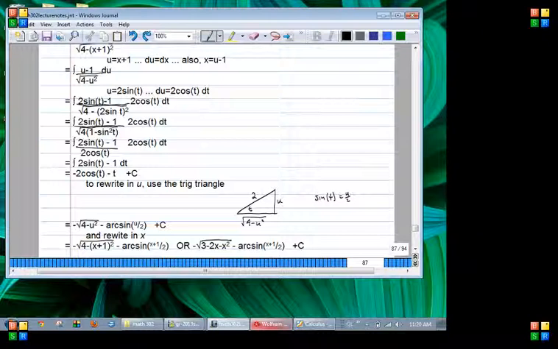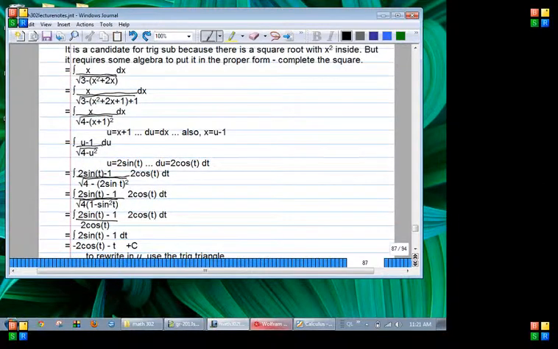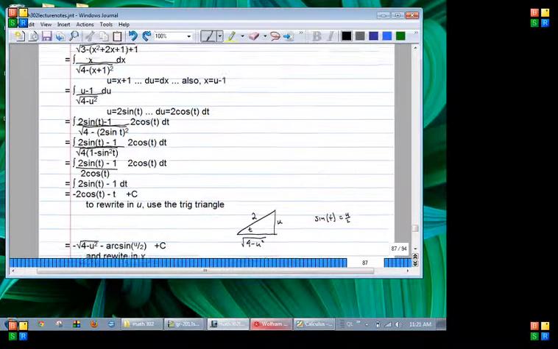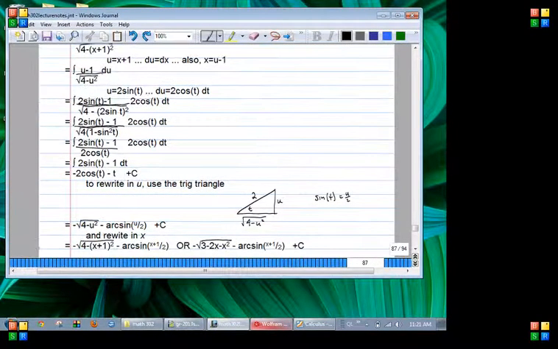Now, if you want to be slightly clever, you can realize that 4 minus x plus 1 squared is actually just the very same thing that we started with in our original integral. So if you like to come full circle, you can write it as we had it in the original integral. But like I said, writing it either way is fine.